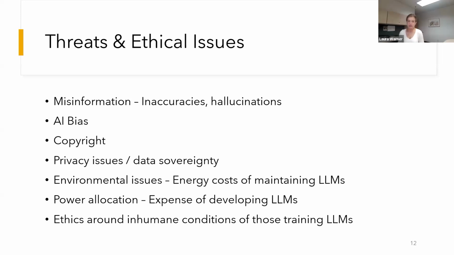Now we'll talk about some of the threats and the ethical issues. As you can imagine and have probably heard, a lot of it is the risk of misinformation. As mentioned, OpenAI does not know how ChatGPT comes up with the answers that it has. A lot of times it is right, but sometimes it just makes something up. These are models that are designed just to make you happy and please you.